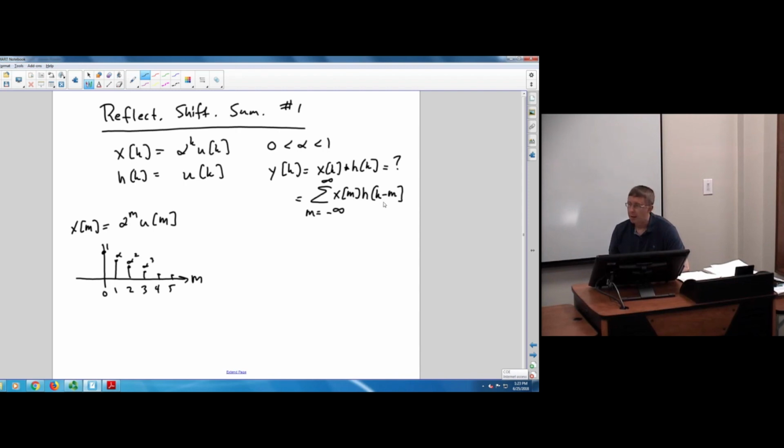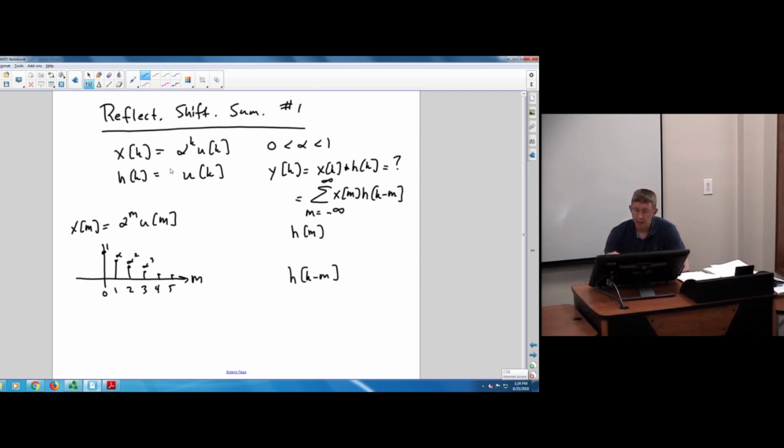This is the tricky one, h of k minus m. That's what I need to plot. Here's what I always like to do: I like to do it in steps. I'm not going to just try to do this in my head. I'm going to do small baby steps. First step is just plot h of m. That's easy. It looks just like h of k.